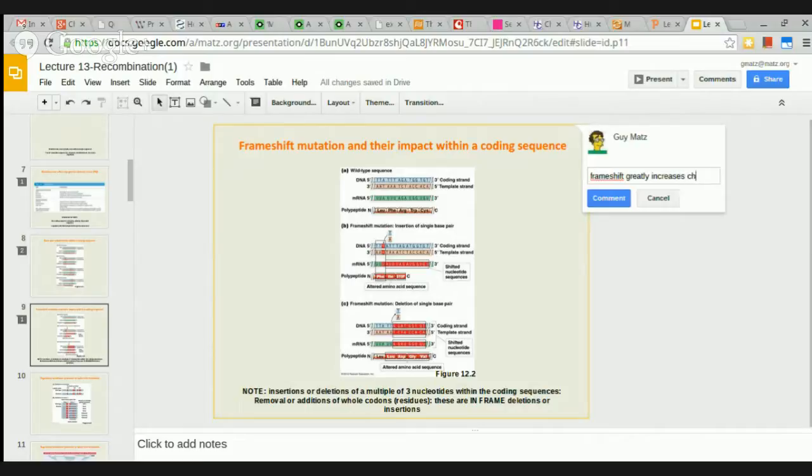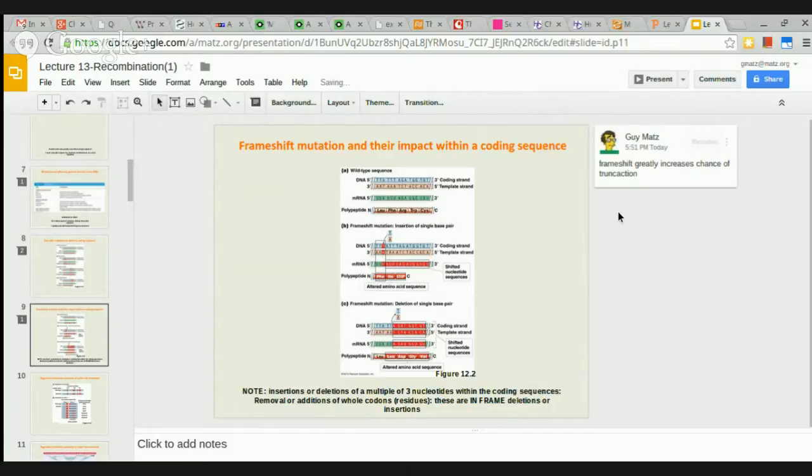Same thing holds for deletion. And as I said, if you insert or delete, say, 3 nucleotides or a multiple of 3 within this coding sequence, then you have in-frame deletions or insertions.